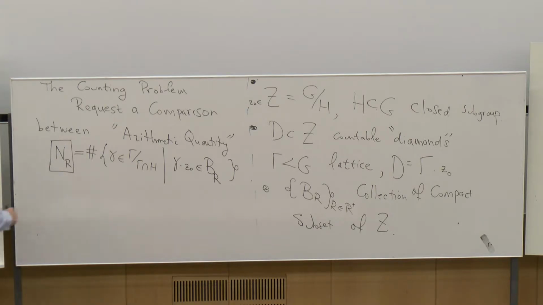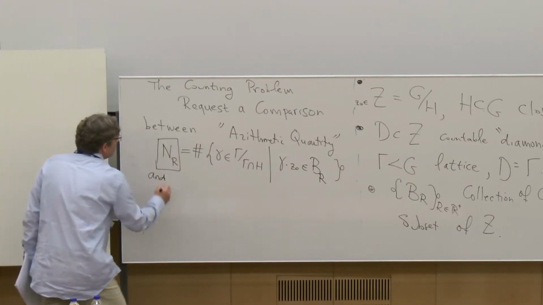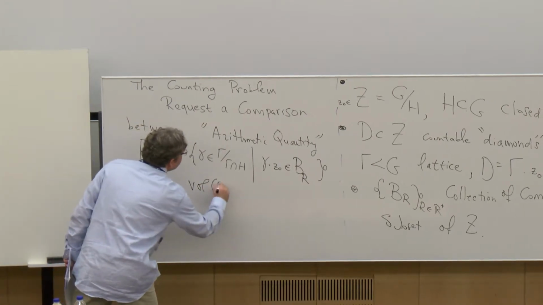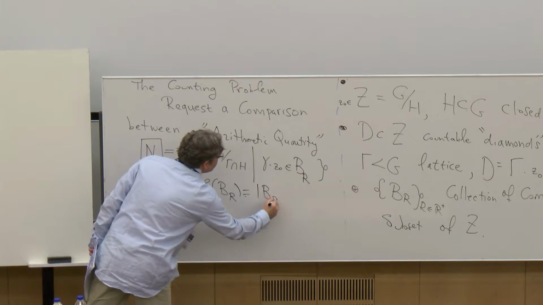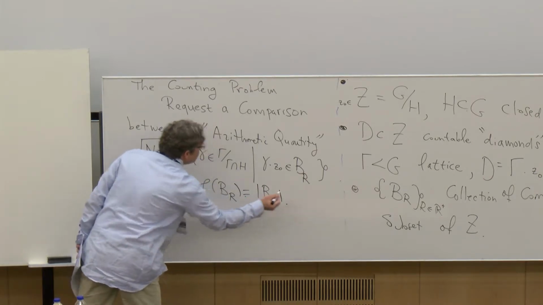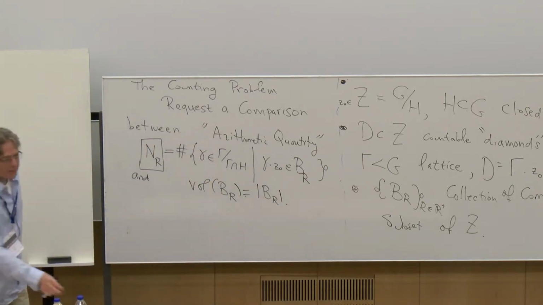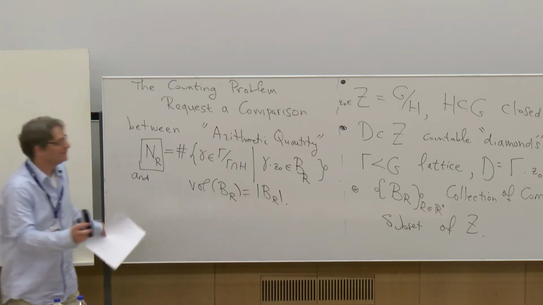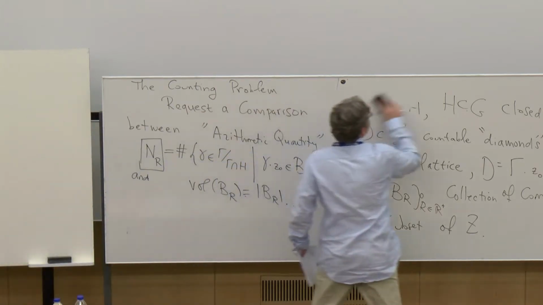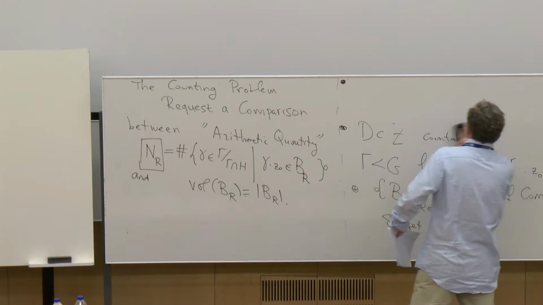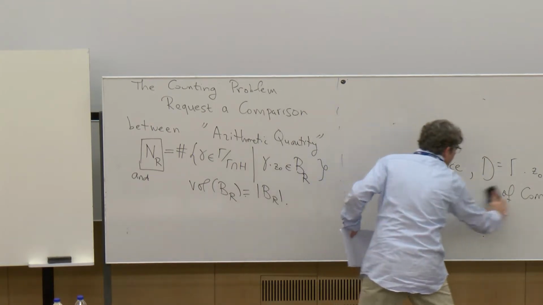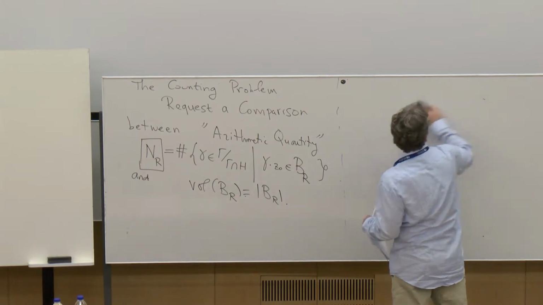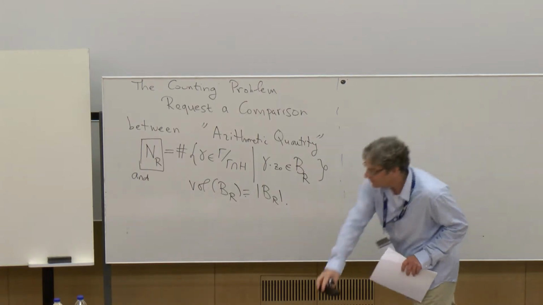And the second quantity is the volume of the ball, which I will denote by B_R further on. Now these balls are not necessarily balls, they're just compact sets at the moment. And the comment which was made ensures that these compact sets intersect these discrete sets in finitely many elements.